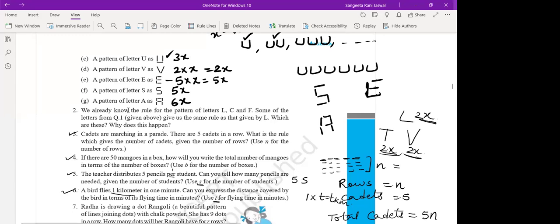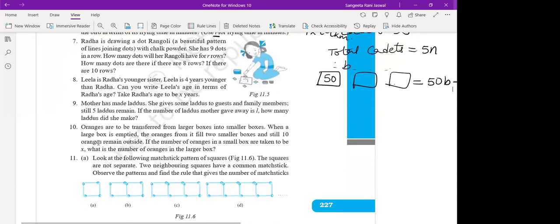Let's see the next question, number 7. Radha is drawing a dot rangoli, a beautiful pattern of lines joining dots with chalk powder. She has 9 dots in a row. How many dots will her rangoli have for R rows?